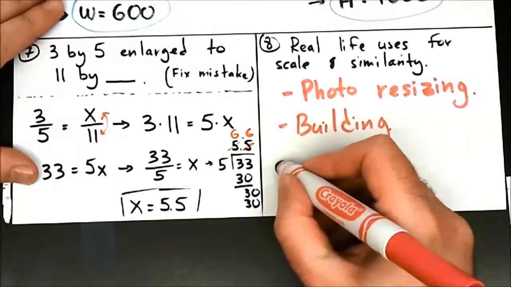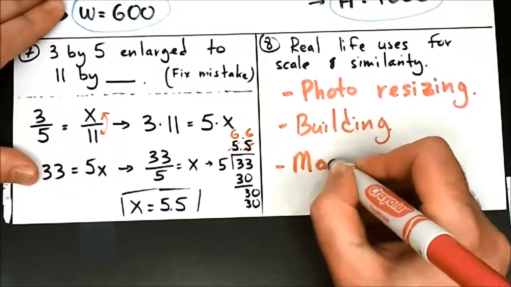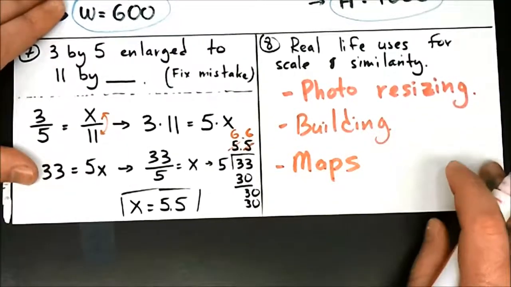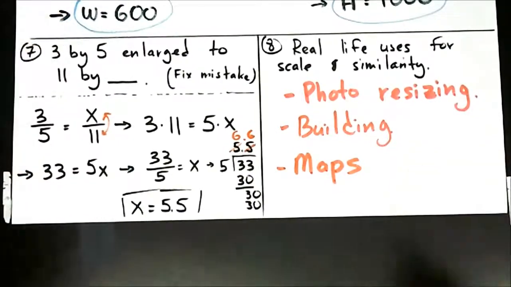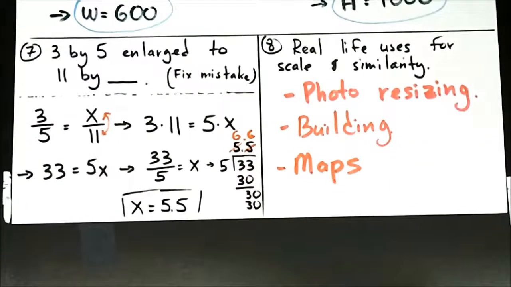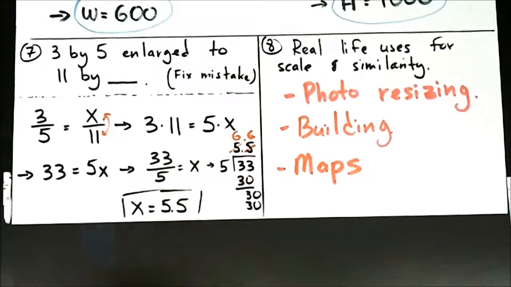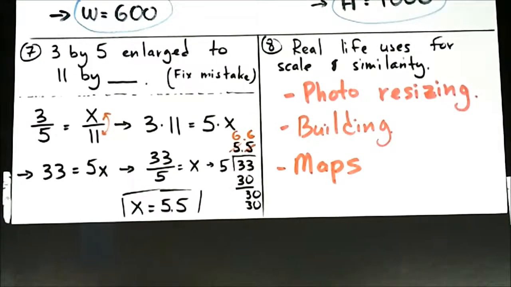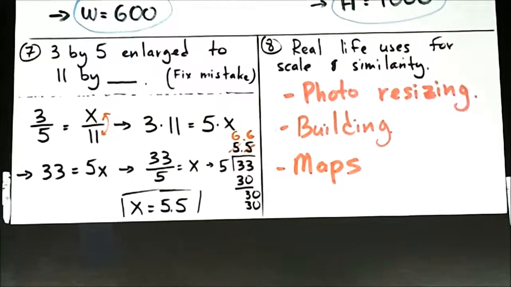Maps is another one I can think of. Every single map is essentially a similarity of a landscape that it covers. You look at the map of the United States, for example, and it is essentially a proportional similarity to the real landscape of the United States.